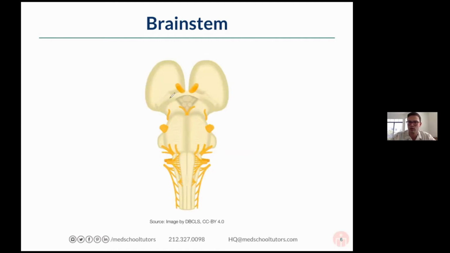So this one that comes out in an X, which is the optic chiasm, is going to be cranial nerve 2. Then we're just going to count down. We're going to do 3, cranial nerve 4 wraps around the back. Cranial nerve 5 is huge and comes out of the pons. We're going to start back in the middle like we did with 3, and then get into the 7 and 8.